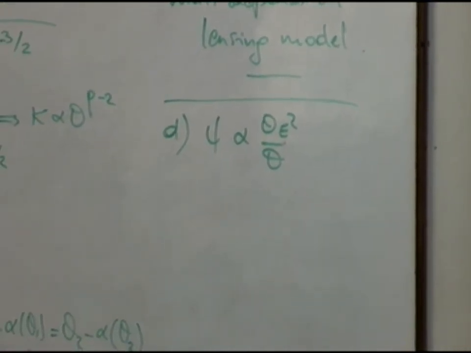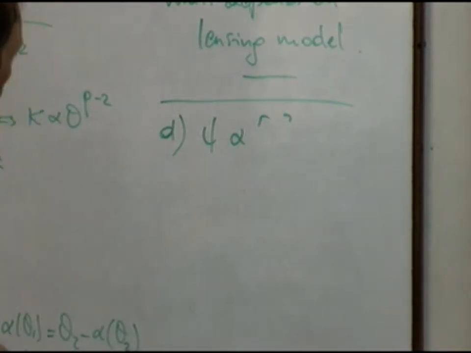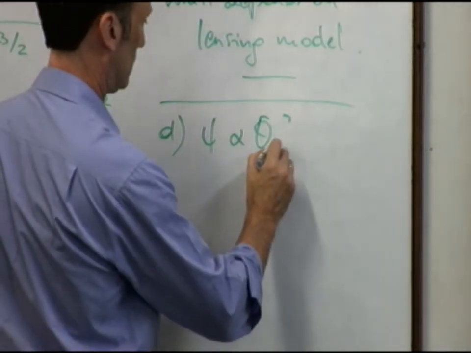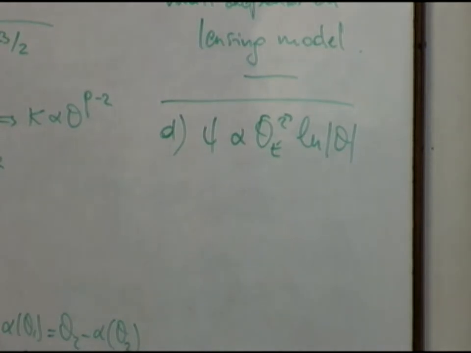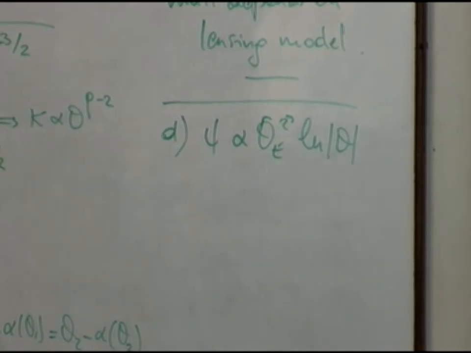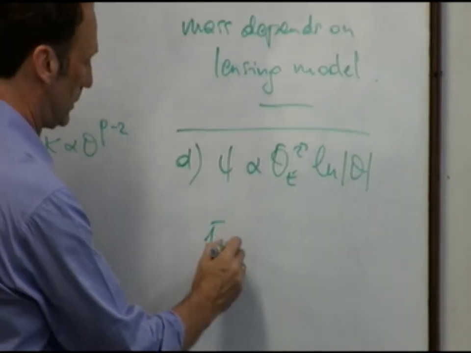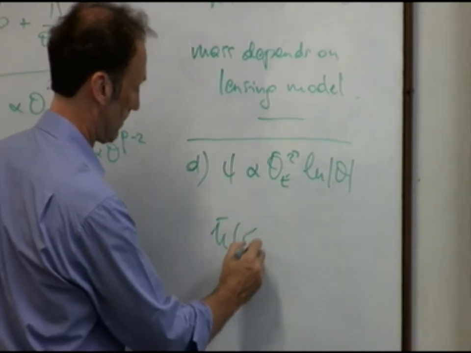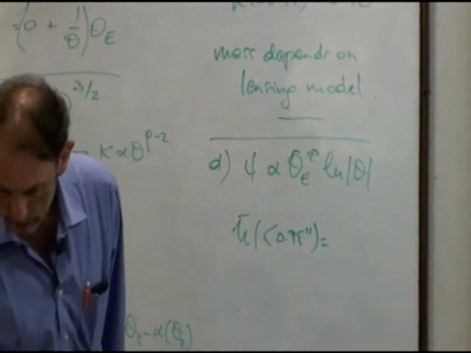And so, no, log. That was the bending angle. Point mass has the logarithm of theta. And you can again go through exactly the same. And what you find here is that the surface mass density is even less. Something like 0.88.